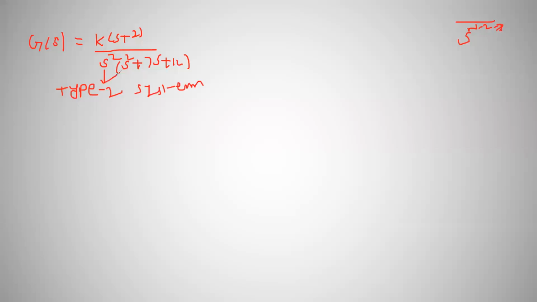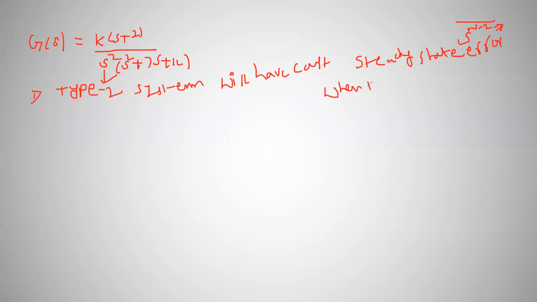Since it is a type 2 system, the type 2 system will have constant steady state error, when the input is unit parabolic.